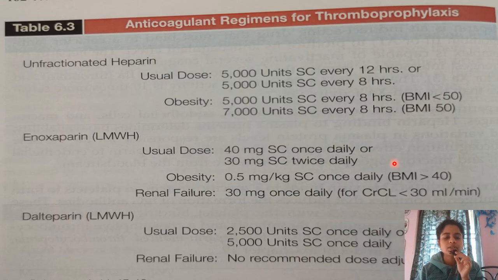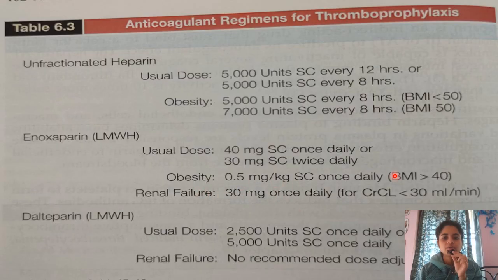So you can see the dose of enoxaparin is 40 mg or 30 mg twice or once daily, based upon the dose. If the dose is less, then you have to give it twice daily, but if the dose is more, like 40 or 60 mg, you can give it once daily, OD dose.